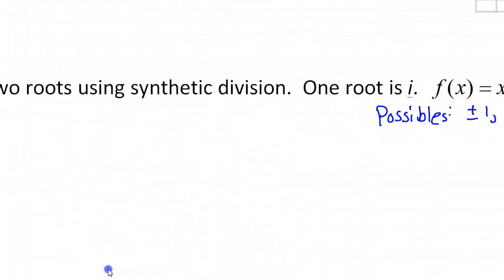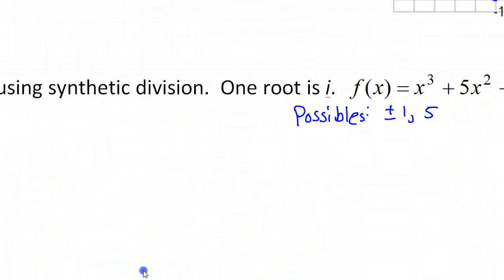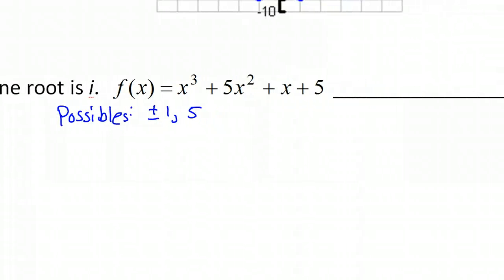Let's see. The other two roots. So, one root is i. So that means we definitely have negative i. Okay, so really we're just looking for one more. Alright, we know that imaginary roots occur in plus or minus pairs called conjugates.